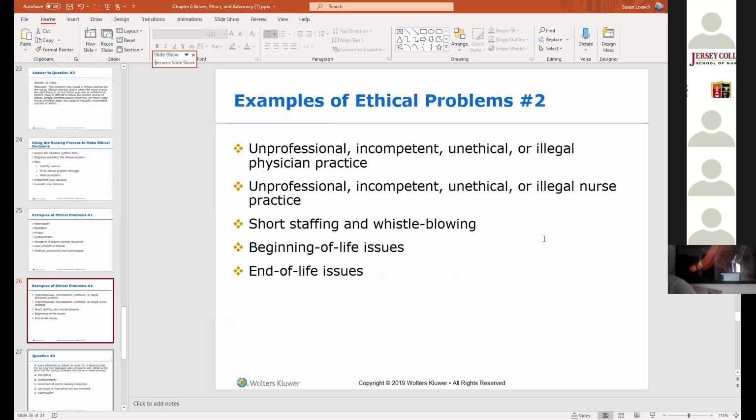Other examples: unprofessionalism, incompetent nursing care, unprofessional or illegal nursing practices, short-staffed or whistleblowing, beginning of life issues, and end of life issues.